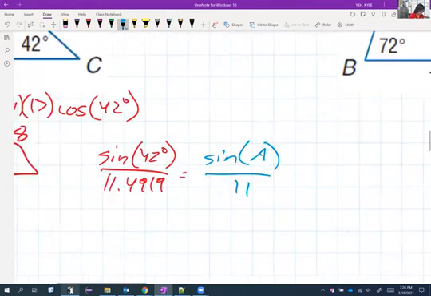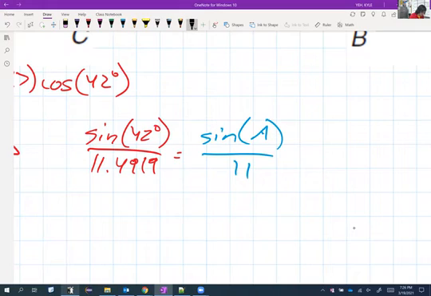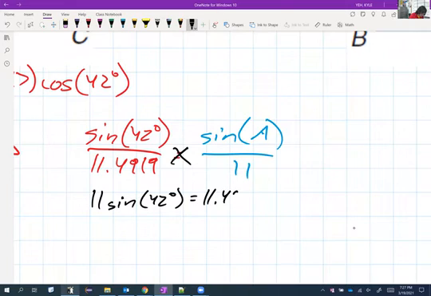Law of sines. We've done this a bunch now. Cross multiply, we get 11 sine of 42 degrees equals 11.4919 sine of angle A.